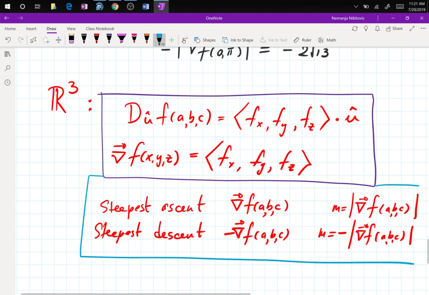So R3 also has these. You can do R4, R20 if you want. It's all the same.